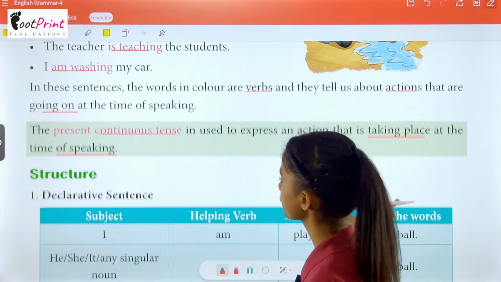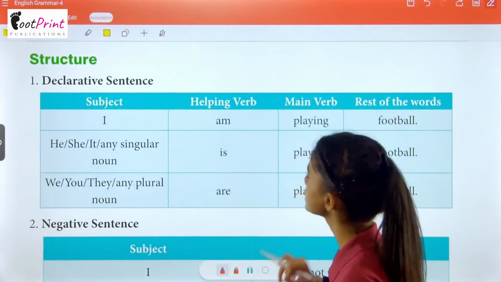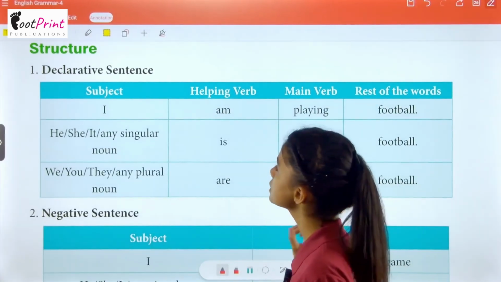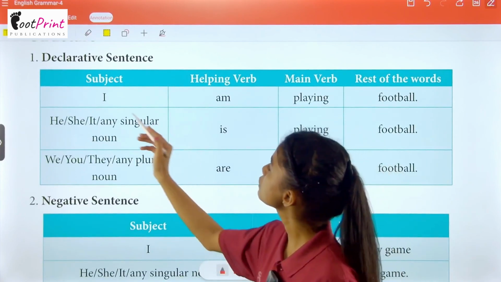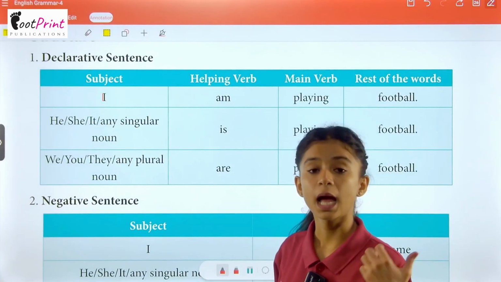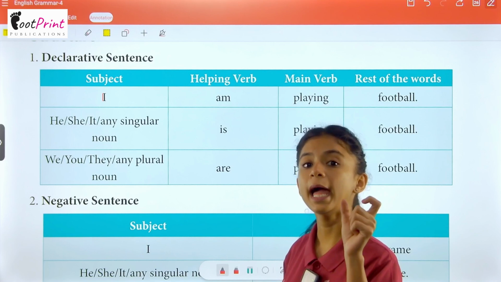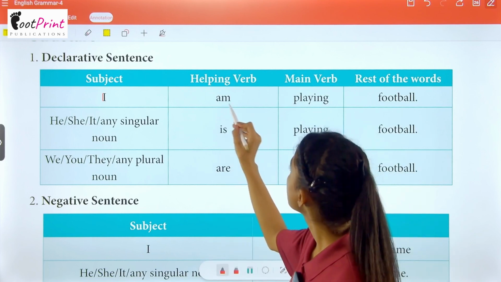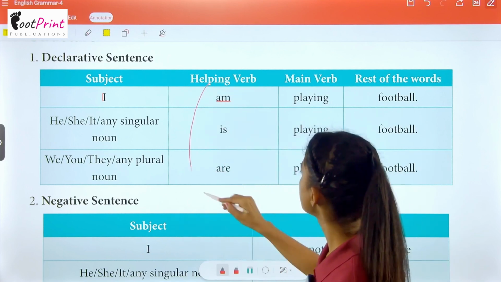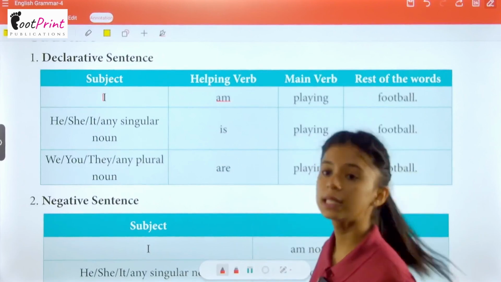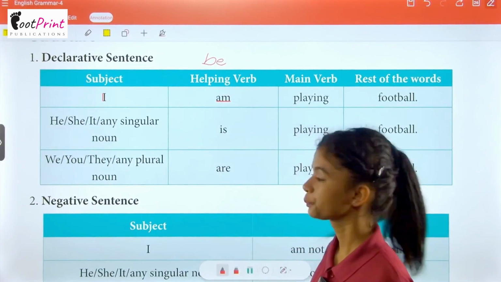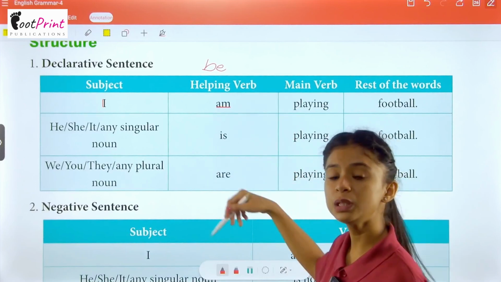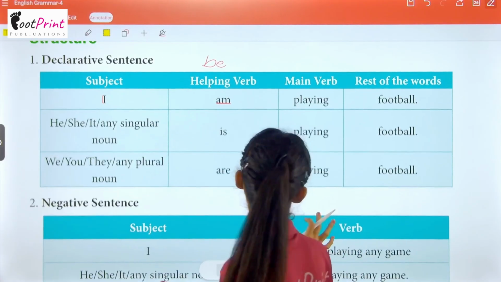Let's see what is the structure of the sentences. First one is the declarative or positive sentence. How do we form it? First, we put our subject, and after that, we will put our helping verb, that is am. You have to remember these three, they are the forms of be verb, and they are being used as helping verbs in these sentences.